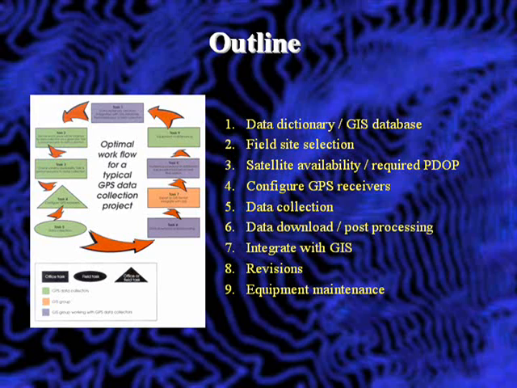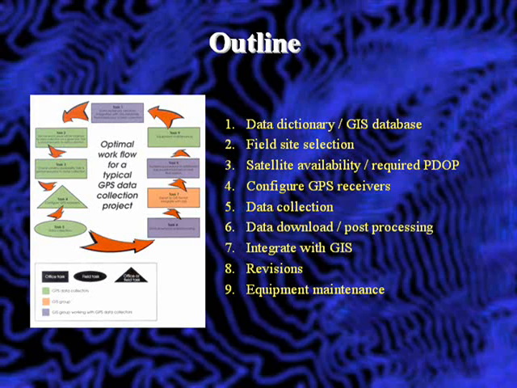Second, what we'll do is field site selection. Basically, where is your study going to be? Then third, satellite availability, required PDOP. You heard yesterday about the importance of PDOP, the position dilution of precision. Then how do we actually configure our GPS receiver? And that again, since we're using the GeoXT in this class, will be mostly on the GeoXT.